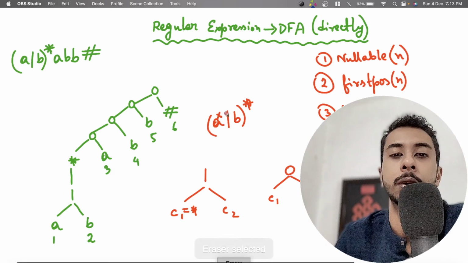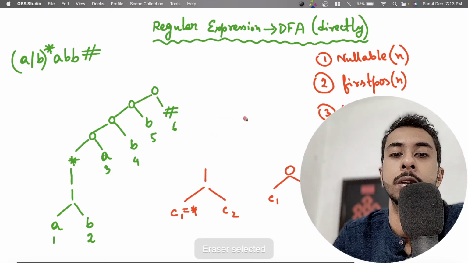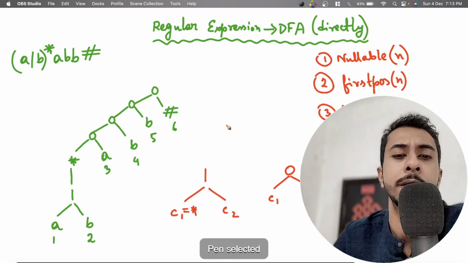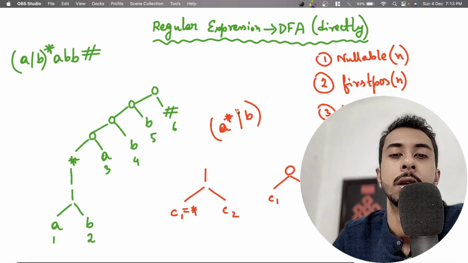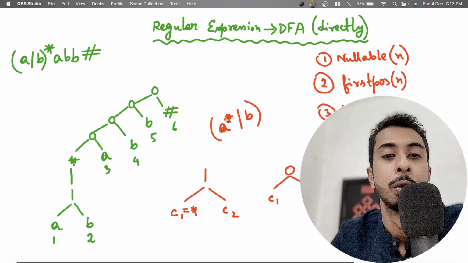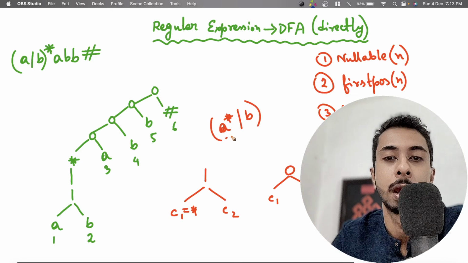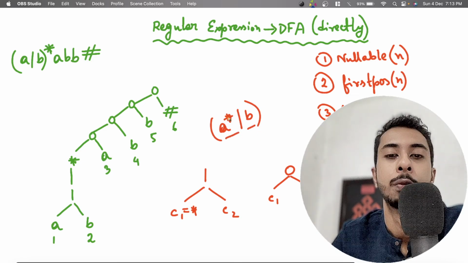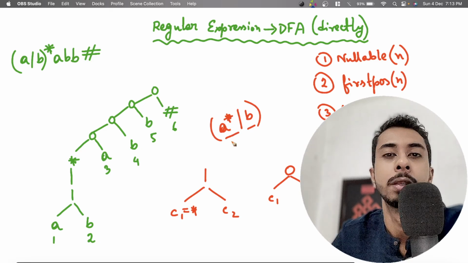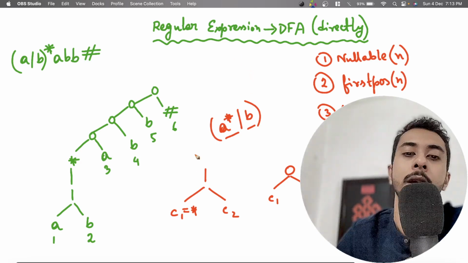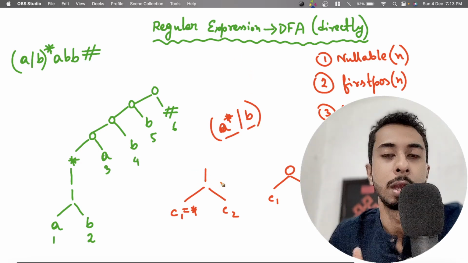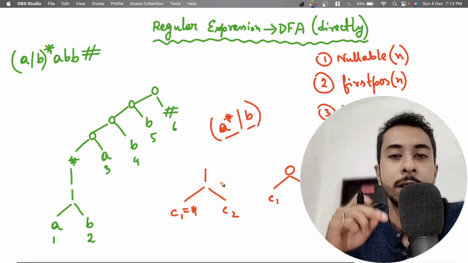I don't think I have drawn the correct picture. Let's redraw it. Let's say we have A star or B. Then is it nullable? Yes, it is nullable. How? I may choose either this or this. For example, I'm choosing this A star. Can this A star be made null? Yes, I may not choose this. So this OR node can be made nullable only if either of its children is nullable.